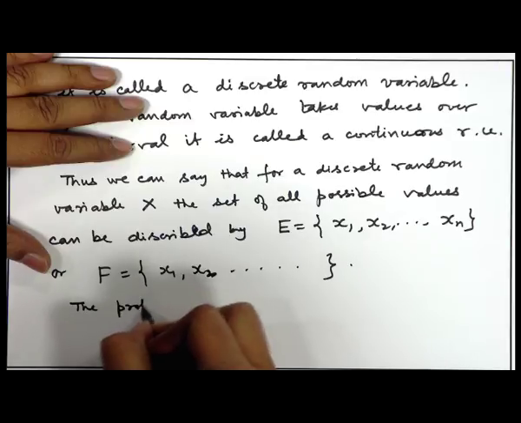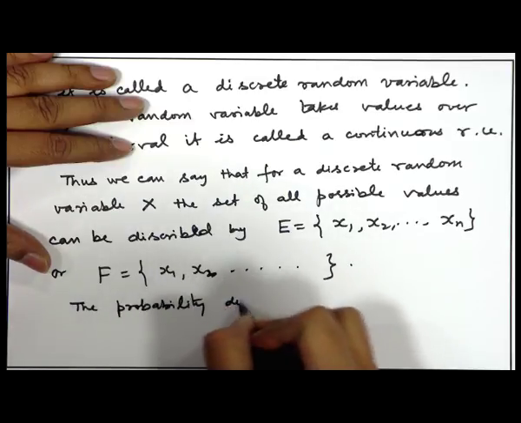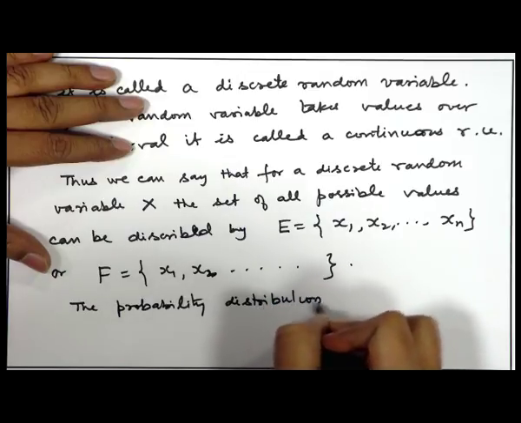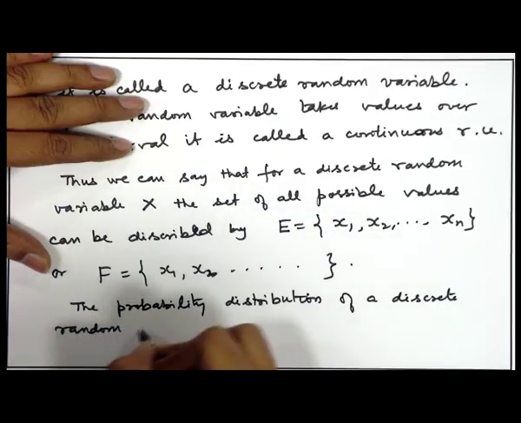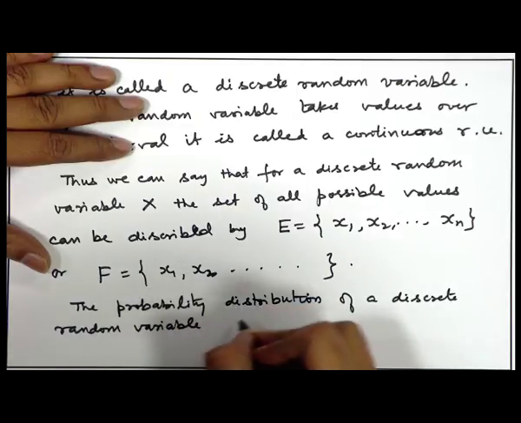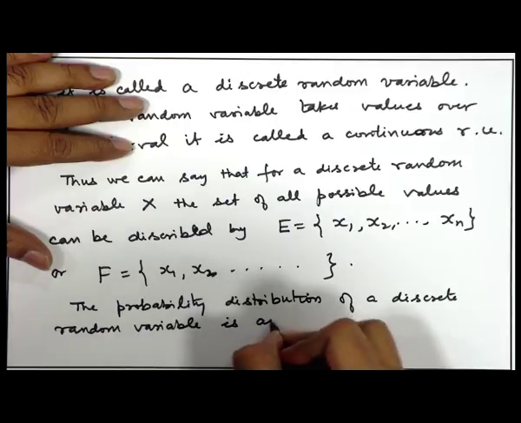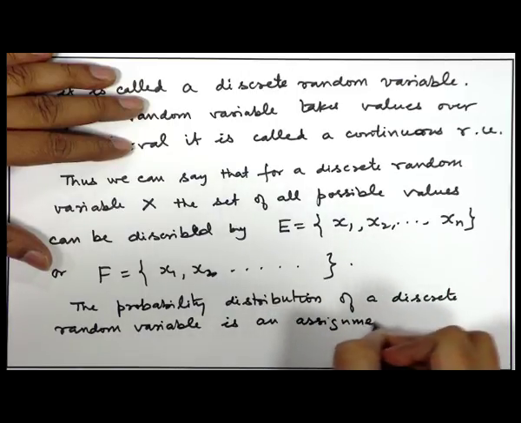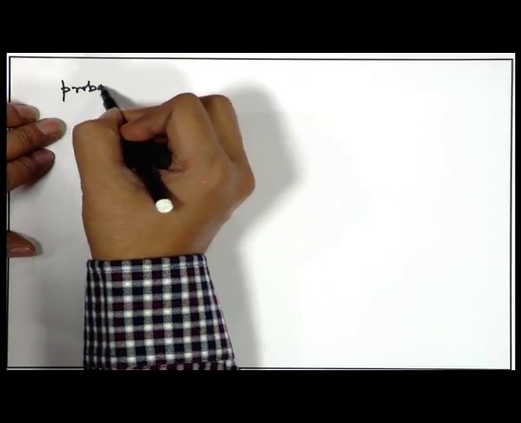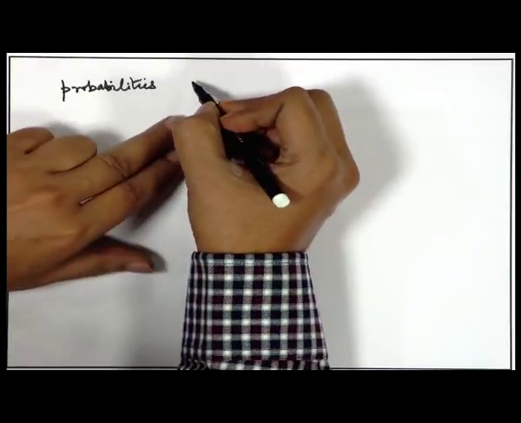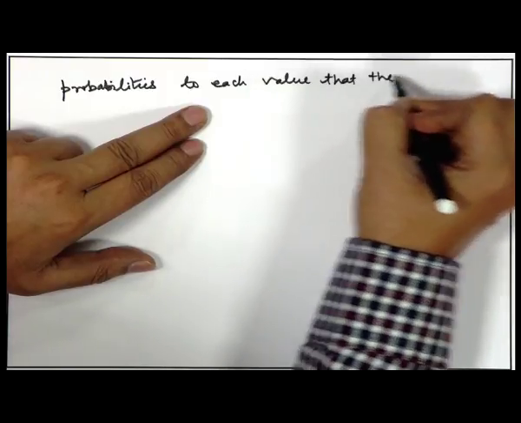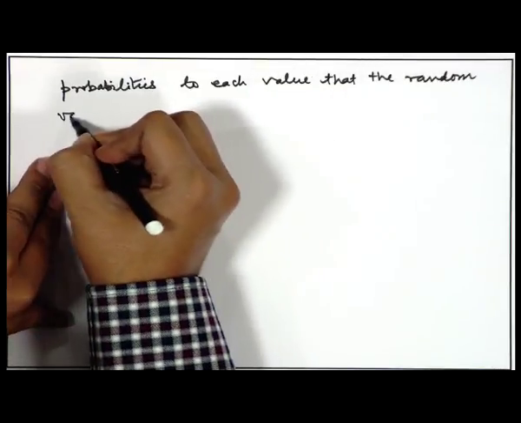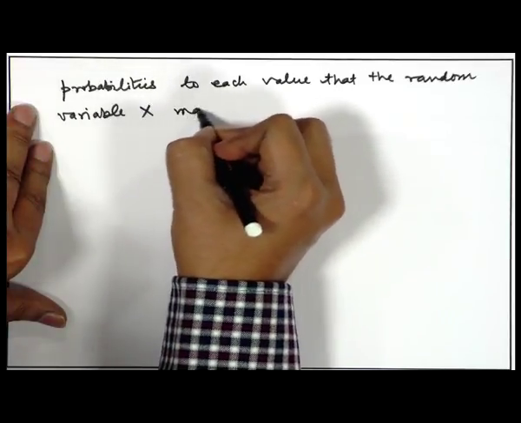The probability distribution of a discrete random variable is an assignment of probabilities to each value that the random variable x may take.